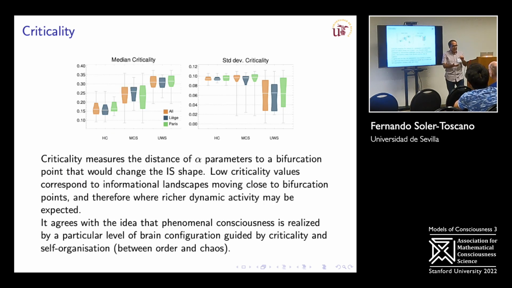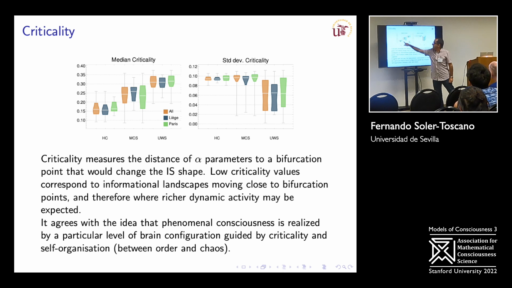Criticality measures how close the parameters of the system are to a bifurcation, and we call a bifurcation a point in which the shape of the information structure changes, and the global stable solution is a different solution.